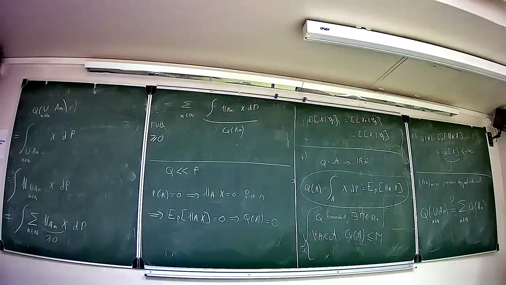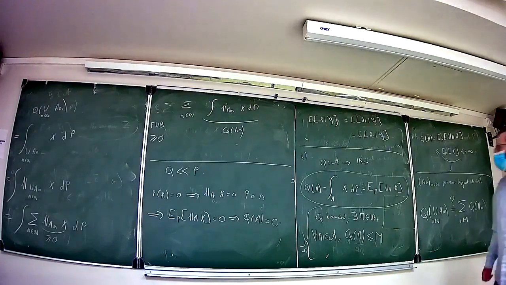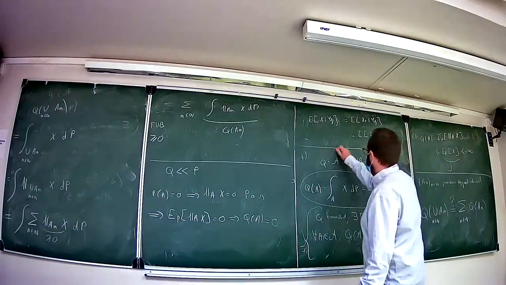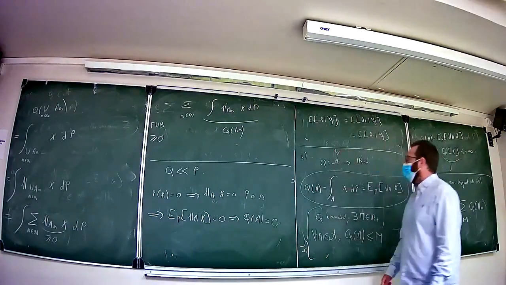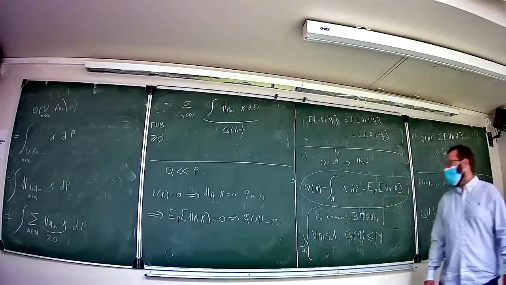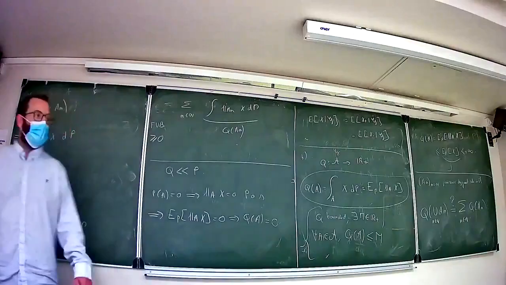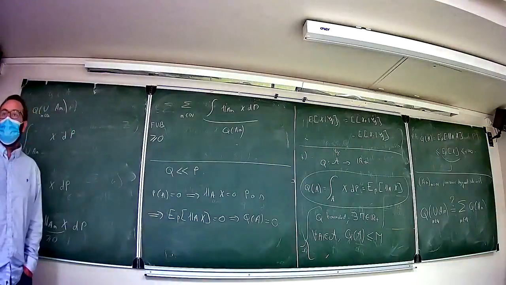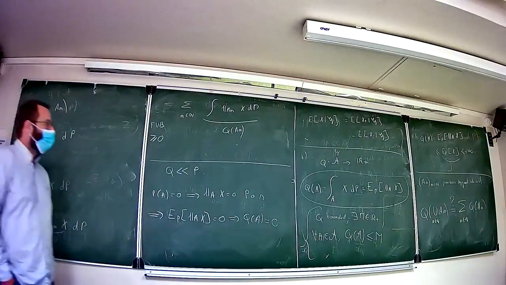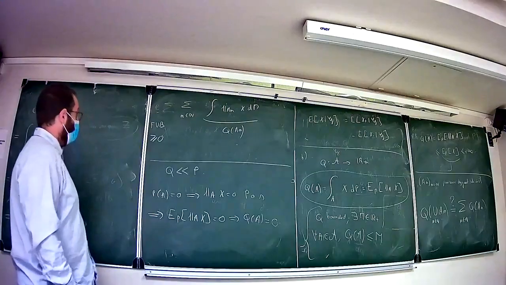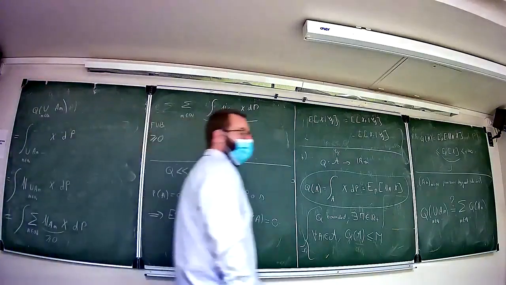The statement tells you that we have exactly the same if I restrict Q to J instead of A. That is, if I put J instead of A here, you have all the proof on the board.